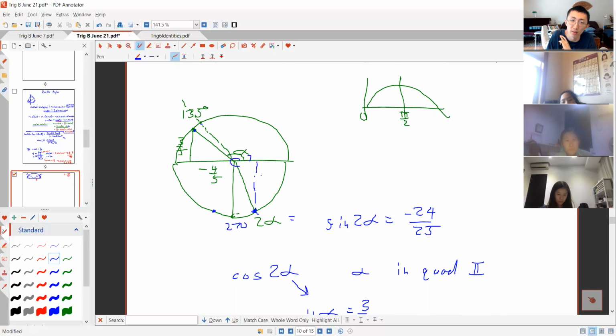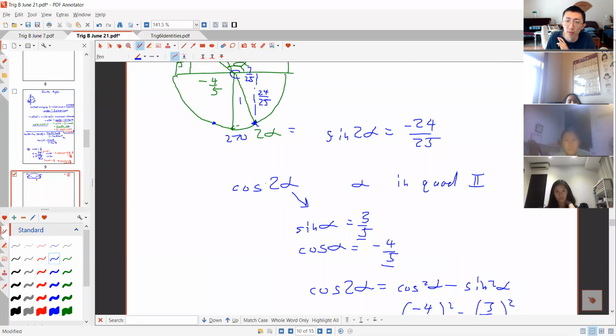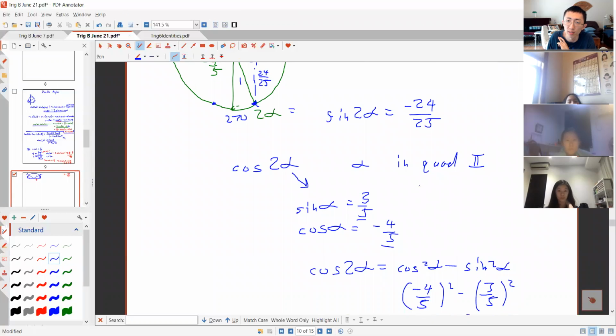This is 7, this is 24, and if I scale it to 1, this is 7/25, 24/25. So even though this is in the second quadrant, when I double it, it doesn't go to the third quadrant, it goes to the fourth quadrant.